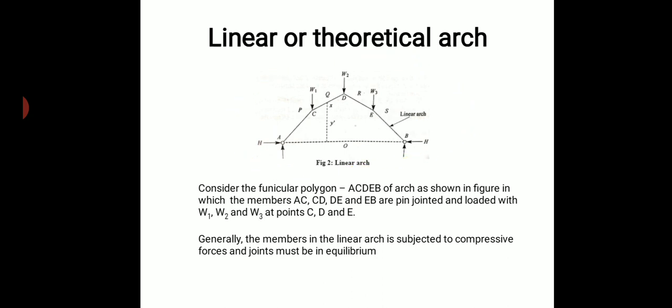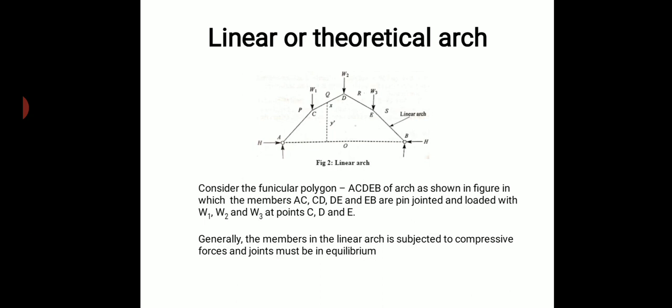This shape of the arch is called the funicular shape. It is in the way of a polygon, so it is also called a funicular polygon. This shape is due to the effect of the magnitude of the concentrated loads which are applied.